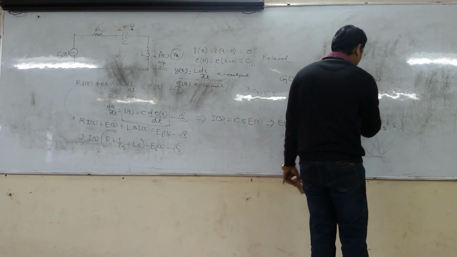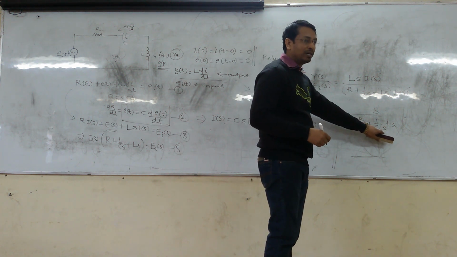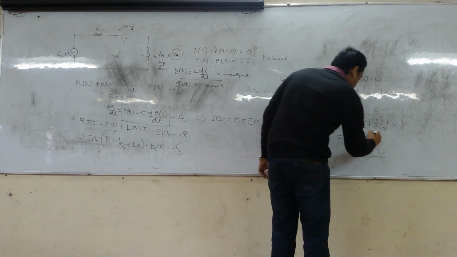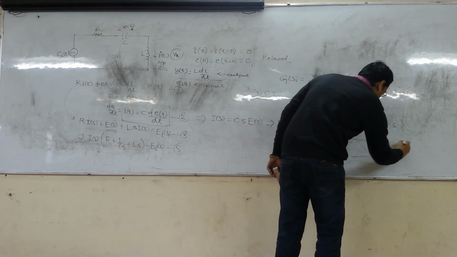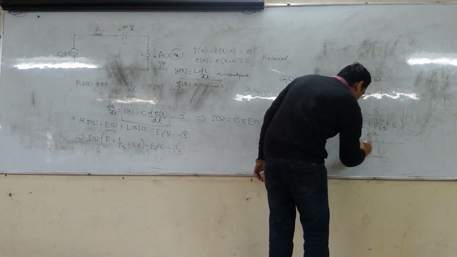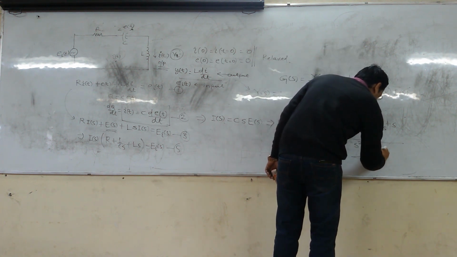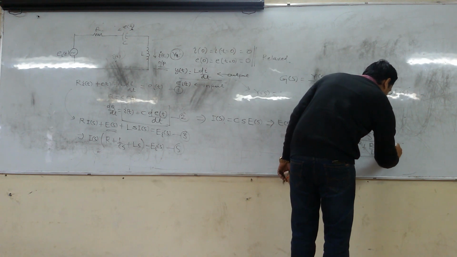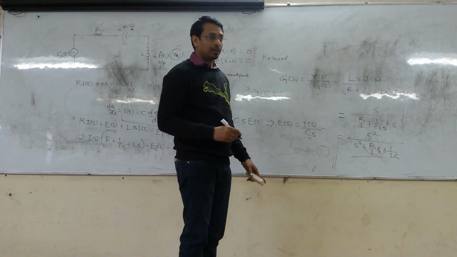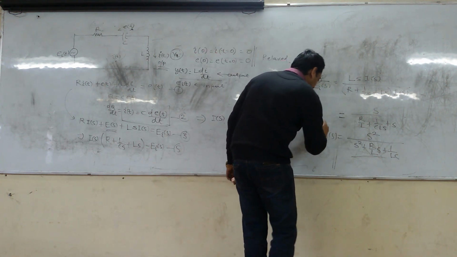Multiply this equation, means numerator and denominator, by S, so that this denominator S will be there. Okay. So it will become S square upon higher order power. I am going to take it here. S square plus R/L multiplied by S plus 1 upon LC. Now it is fine. G(s) will be equal to this.